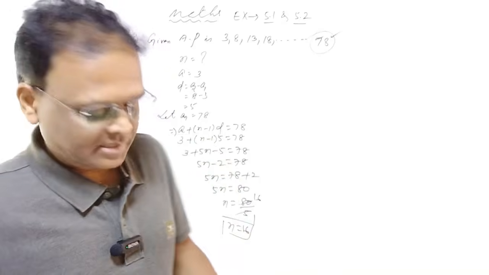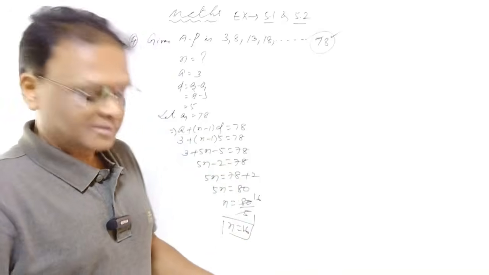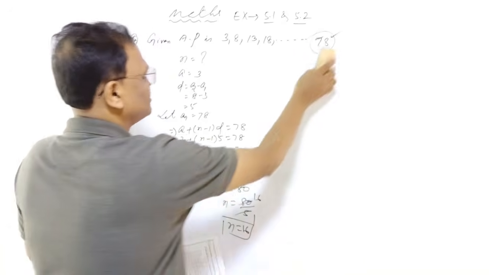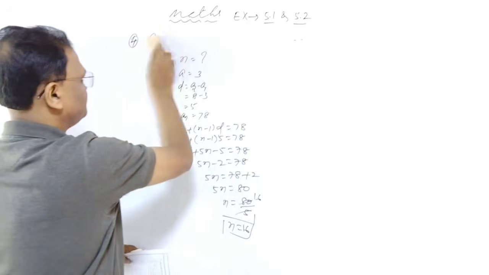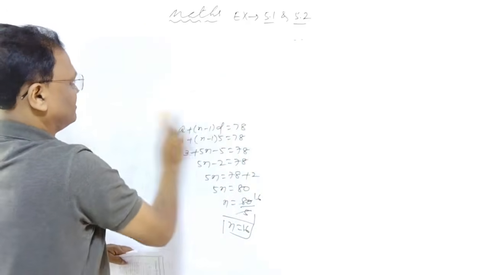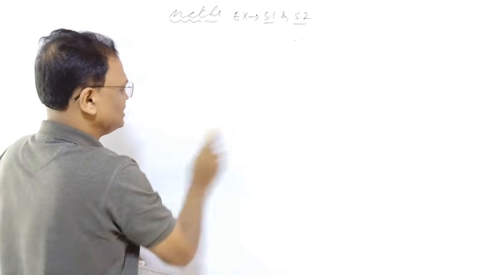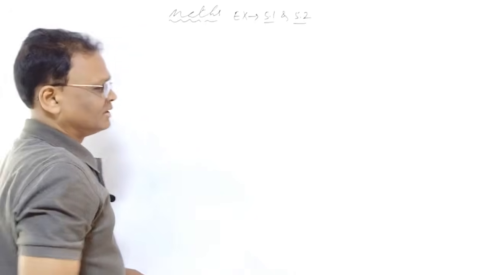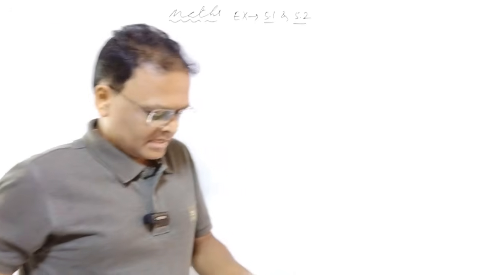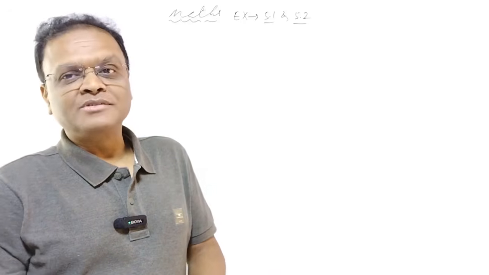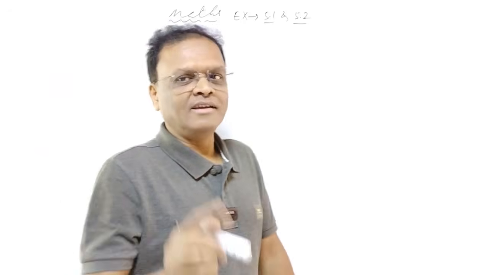Question number 5. Next, he is asking, find the number of terms in the following AP. Number of terms in the following AP. Remember, always remember, which term means you have to only find n. He is asking, find the number of terms, means again I have to find n.